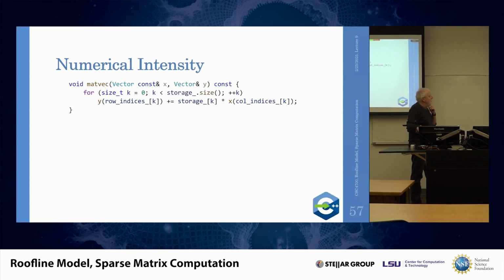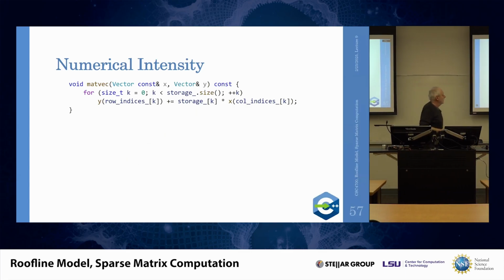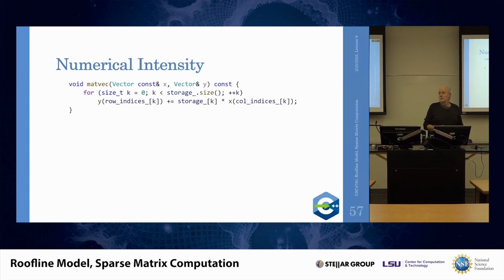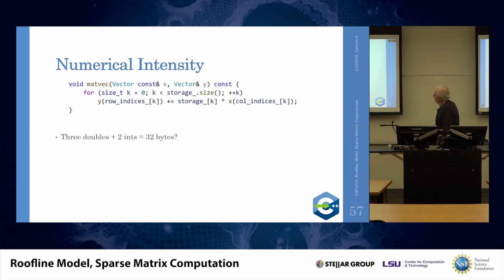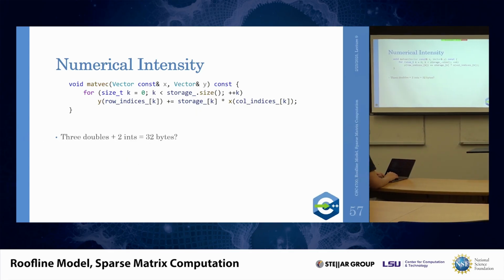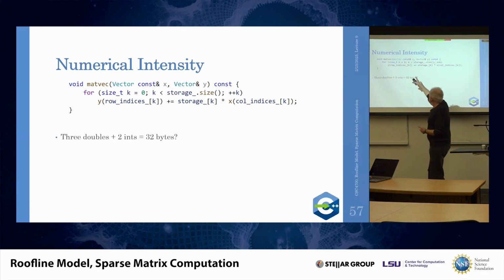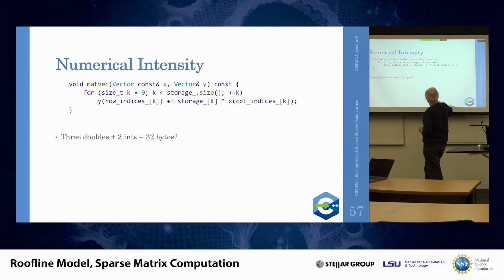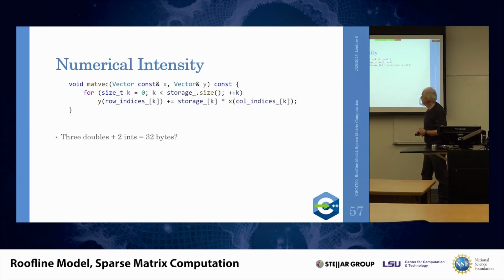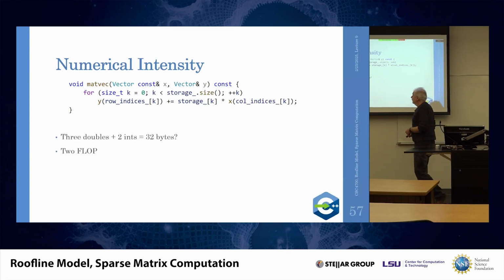Okay, so what's the numerical intensity of that algorithm I just had here? Well, we have to move 3 doubles and 2 ints. We now have more data to move because we have to access the index arrays, the column indices and the row indices. That gives us 32 bytes. 2 floating point operations.